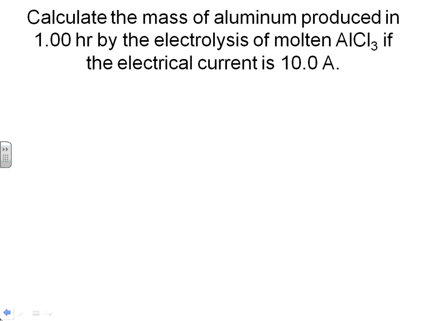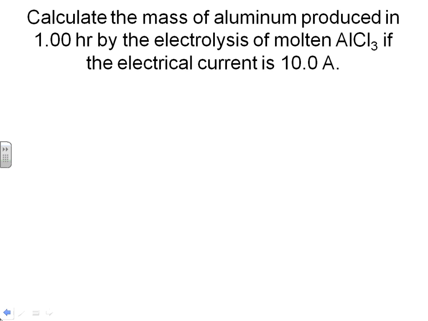So the last sample problem, number 5: calculate the mass of aluminum produced in 1 hour by the electrolysis of molten aluminum chloride if the electrical current is 10 amps. Similar idea. You do want to describe what's going on in terms of a chemical reaction.